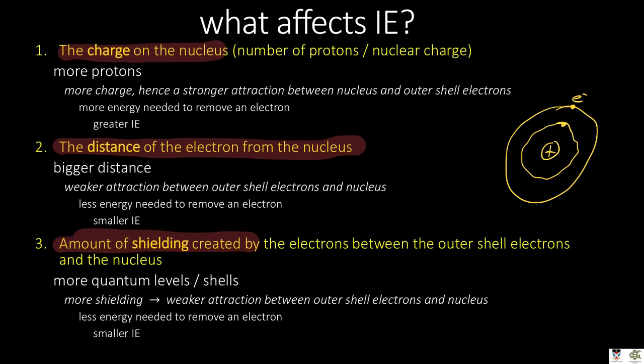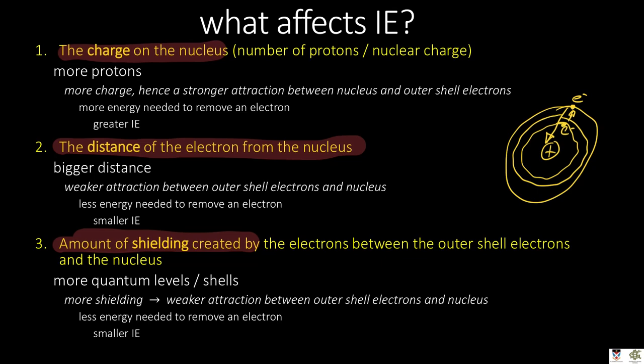Another way to think of it is this outermost electron will be attracted by the nucleus, so it will experience a force towards the nucleus. But because of the inner electrons, it will be repelled in the opposite direction because the negative electrons will repel other negative electrons. So the overall effect will be a decreased attraction experienced by that outermost electron. So that is the concept of shielding. And the more of these inner shells you have, the higher the degree of shielding and therefore the weaker attraction between the nucleus and the outer electrons.